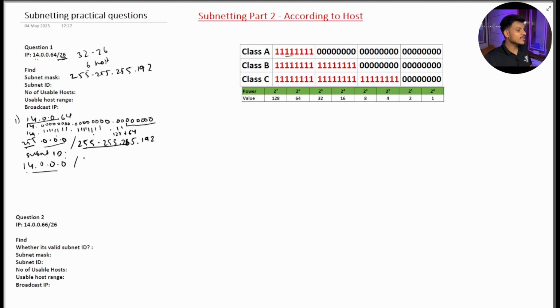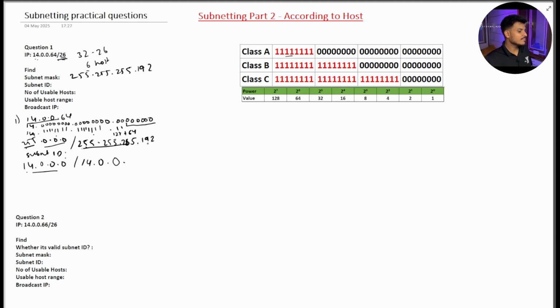So what could our subnet ID be? As we saw, anything we AND with 255 results in that value only, so we write 14 as it is. The remaining two octets also, because 255 is there, and AND with 0 gives us 0 only, and again AND with 255 gives us 0 only.